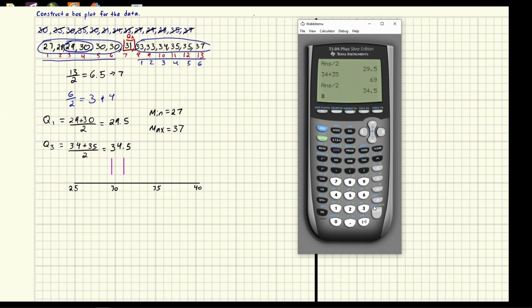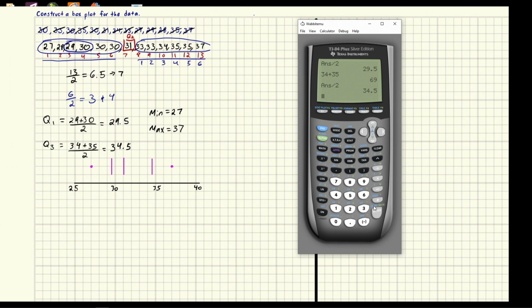And our third quartile is going to be 34.5, which is going to be over here. So we see there's actually a higher spread on the upper half of the data. And then the minimum is 27. So we're going to come down to 27, and we're going to go up to 37, which is right here.